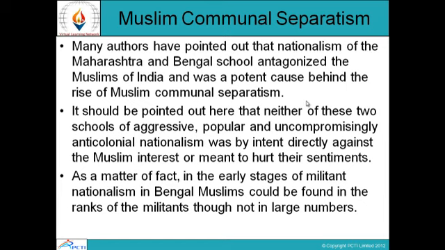As a matter of fact, in the early stages of militant nationalism in Bengal, Muslims could be found in the ranks of the militants, though not in large numbers.